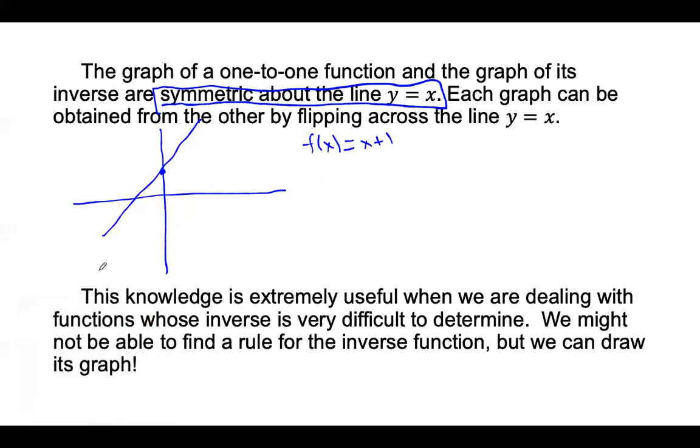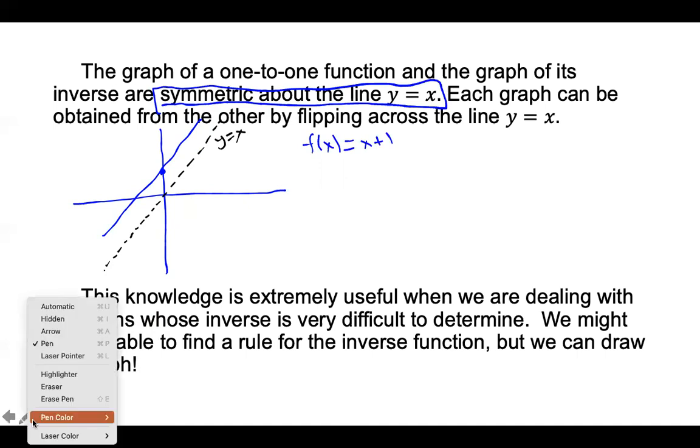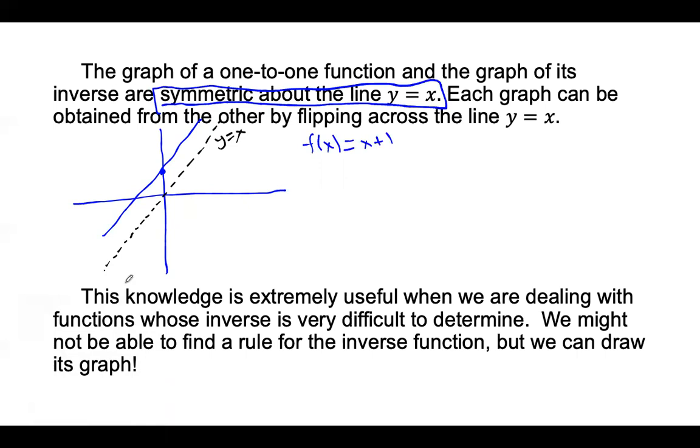So the y equals x axis, when x equals 1, y equals 1, when x equals 2, y equals 2, and so on. It's just this guy. So then we can easily find the inverse. It will be here.